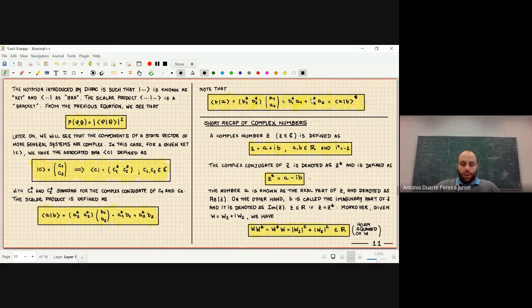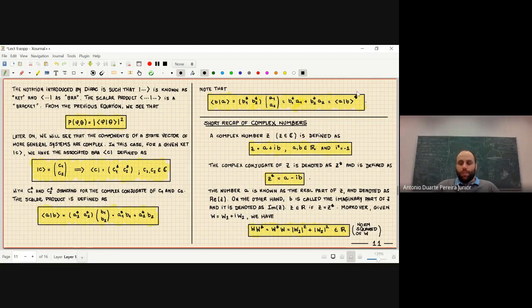This number here is not the same as this number in general. Actually, this number here is the complex conjugate of this number. So what I'm concluding is that BA is the same as AB star.